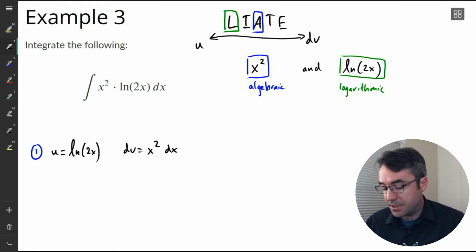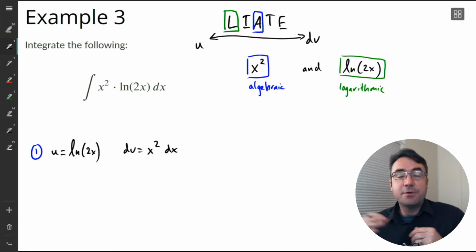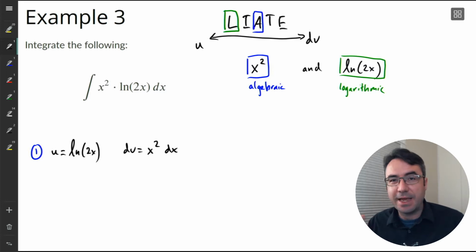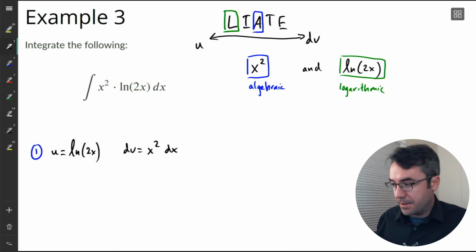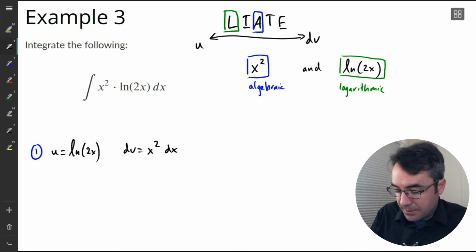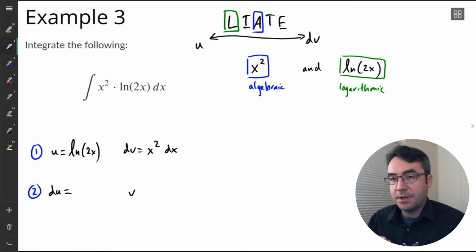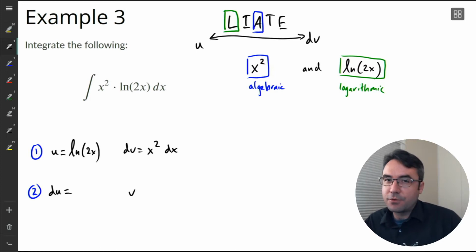Now, the one thing to note here is that when we make those choices, if we put them together, we have our original integral. So everything has to be accounted for in our choice for u and dv. We can't leave things out. All right, so now step 2 is to calculate du and calculate v. To get du, we're going to differentiate. We have to remember our derivative rules here.